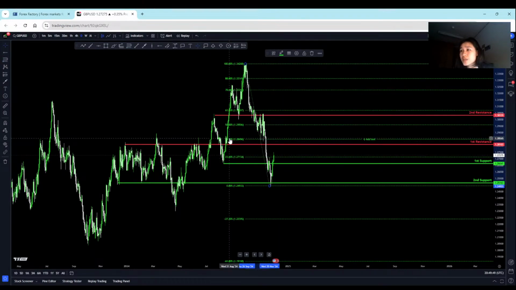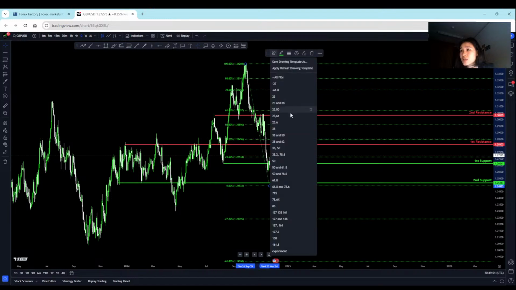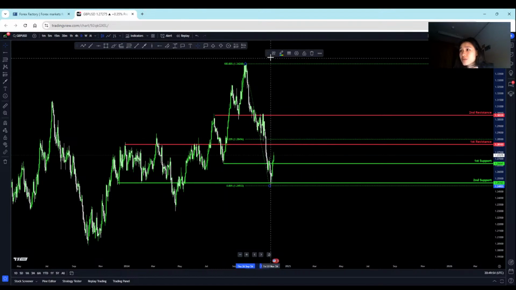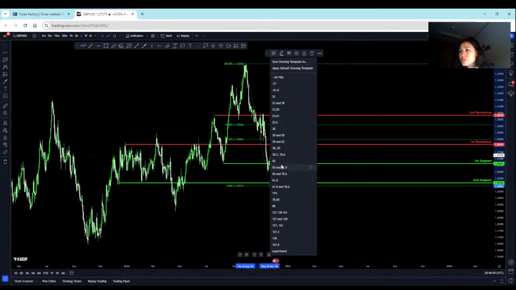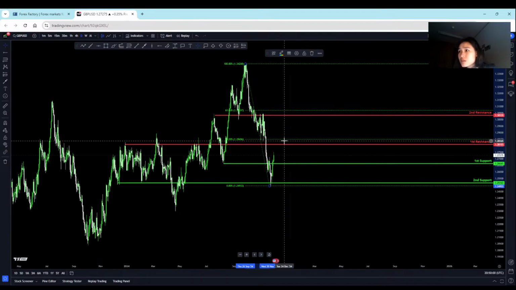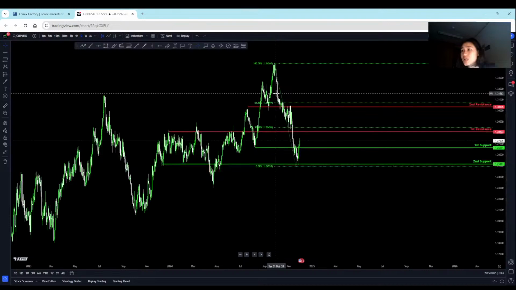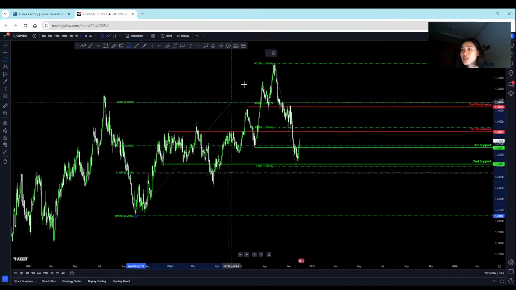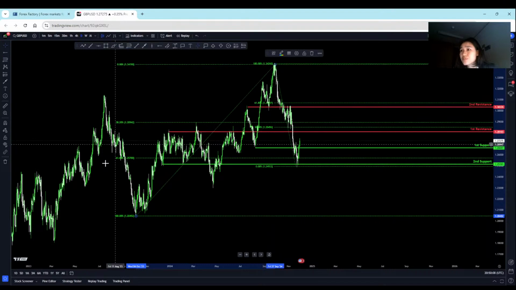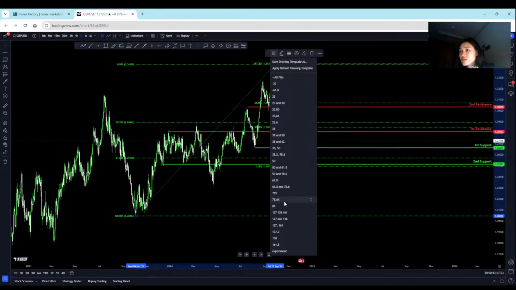Okay, so my 38 lines up with my first resistance. 38 and 50, I think. Oh, 61. Okay. And then also going in with another retracement here. My 61 lines up with my second support.